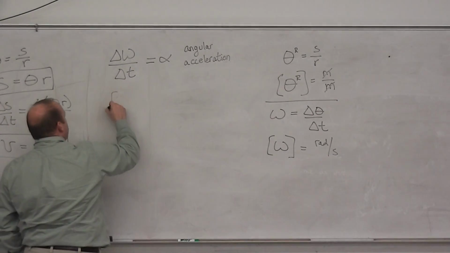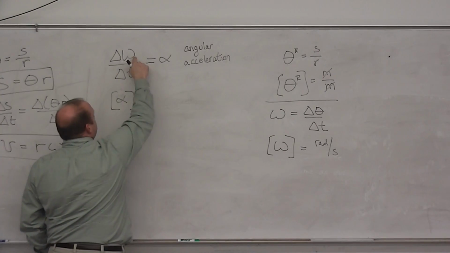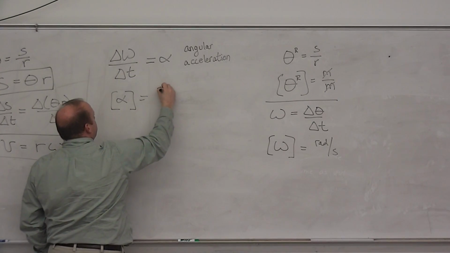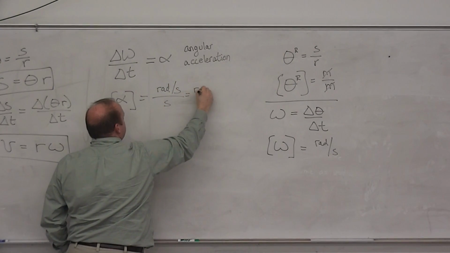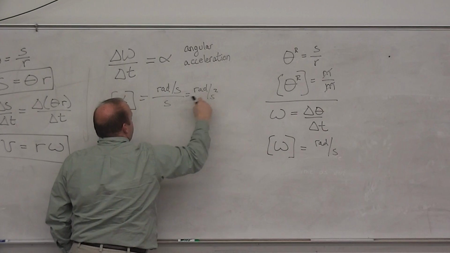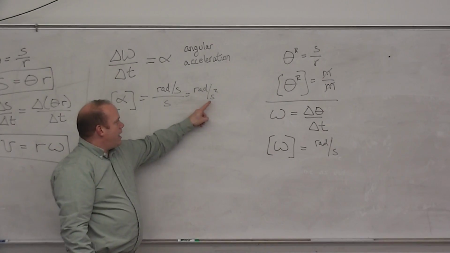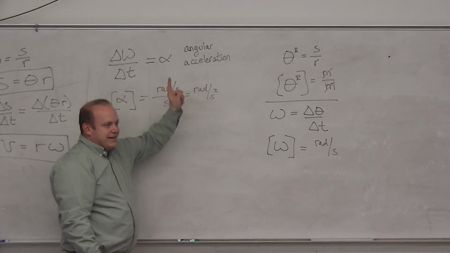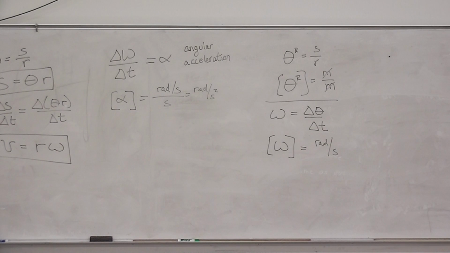Again, units for alpha will equal radians per second over second, so this is radians per second squared. Again, when we combine this with other variables, the radian is a unitless measure. So alpha is our angular acceleration.